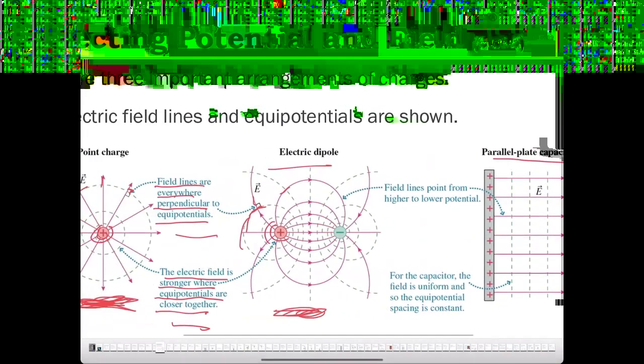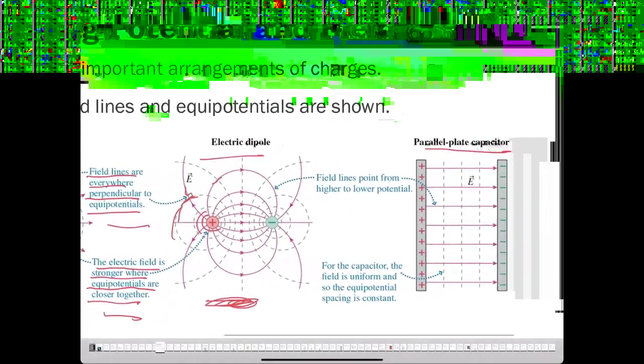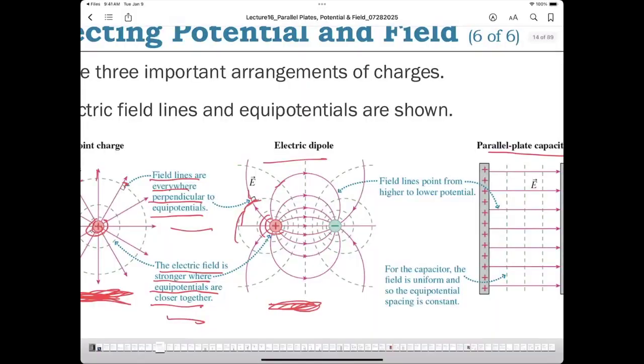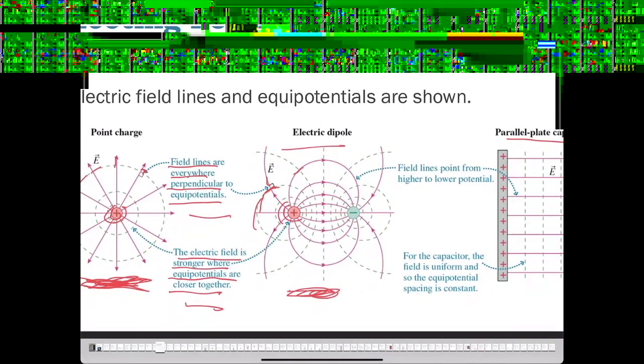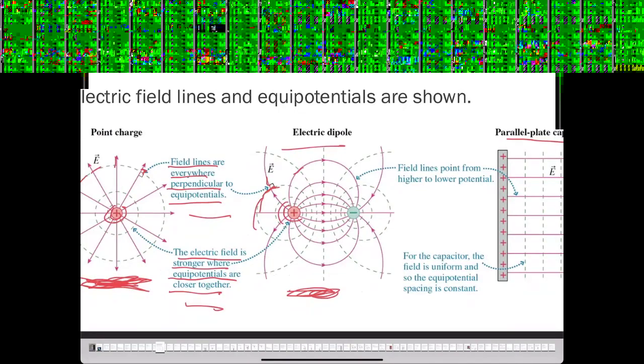The field lines point from higher to lower potential. Because the point charge is only one, there is no... actually, I think this one also applies.